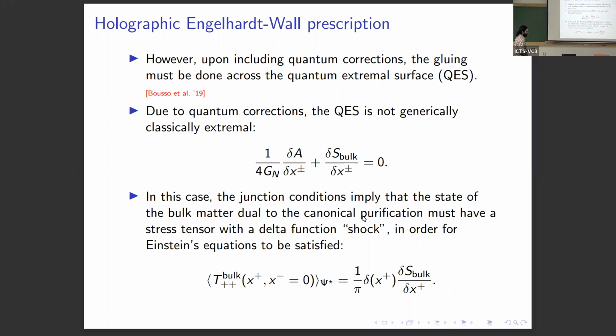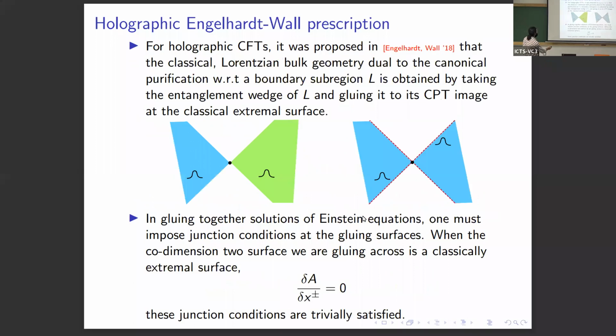The geometry in the right and the left entanglement wedges is unchanged, and the shocks are necessary for the evolution of this geometry into the top and the bottom wedges to satisfy Einstein's equations.